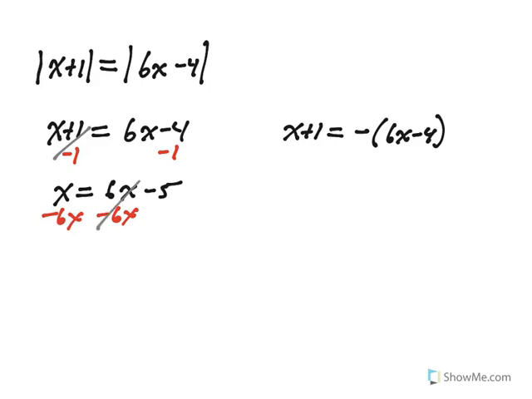These x's cancel. x minus 6x is minus 5x. That's going to equal minus 5. Then we divide both sides by minus 5. And then you're left with x equals 1.